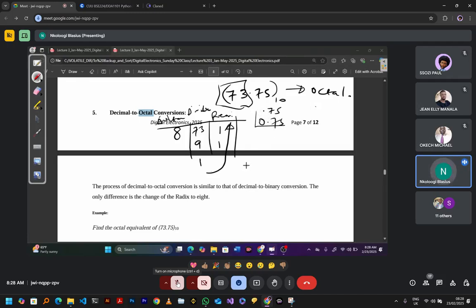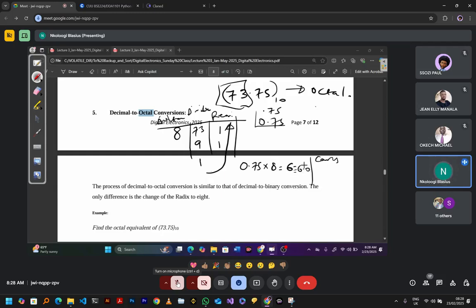So step 1, we said you multiply with the base number, the radix, which is the radix you want to move to. In this case, it is 8. And you will store the carry. So this is 6, and your carries should be stored here. But 6 is equivalent to what? 6.0.